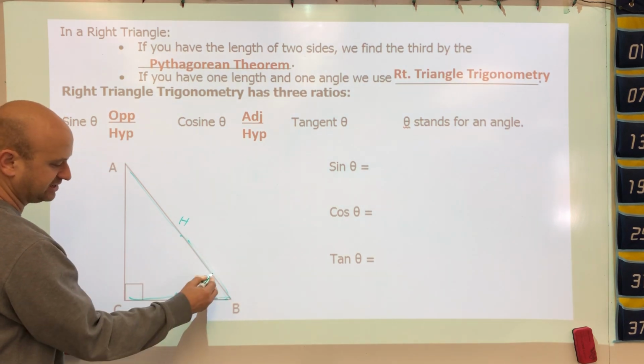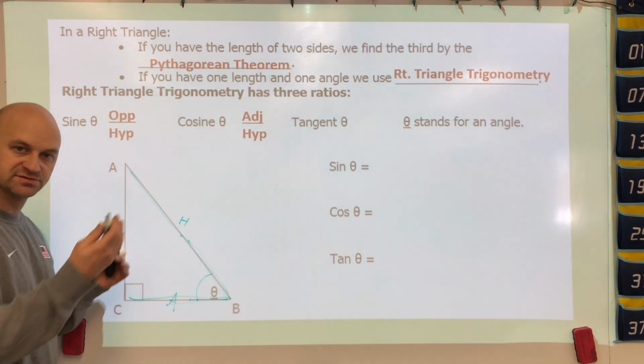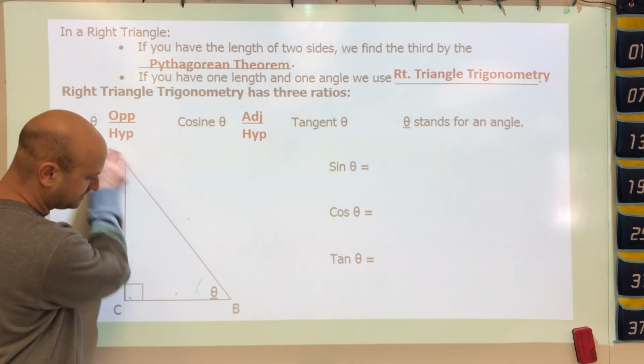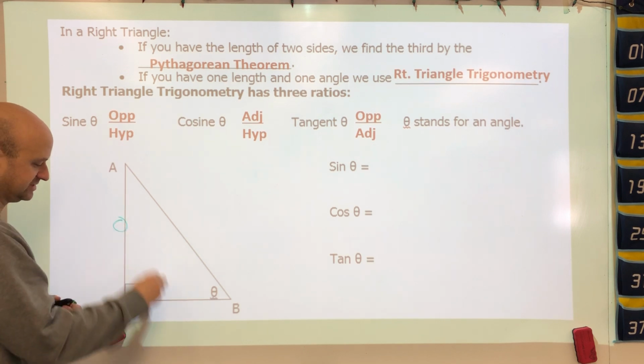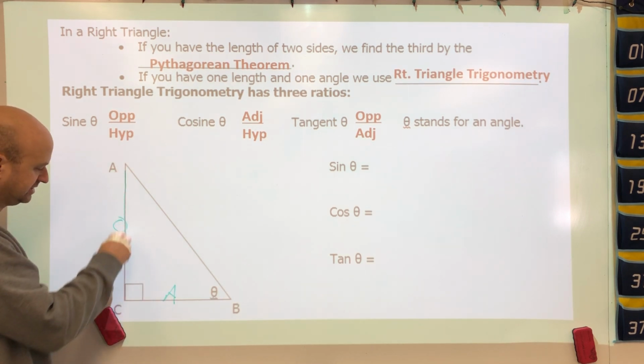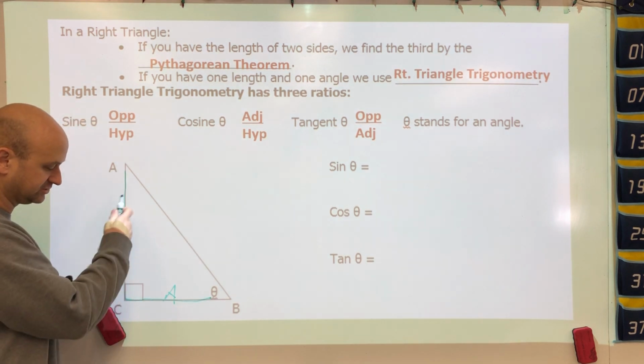Cosine would be like side angle side, going back to some things that we've talked about in the past, in terms of visually what you see. And then the last would be tangent, and that's going to be opposite over adjacent. Tangent is the two sides that make up the right angle, the two legs.